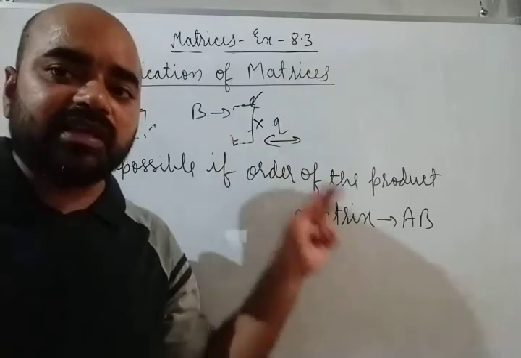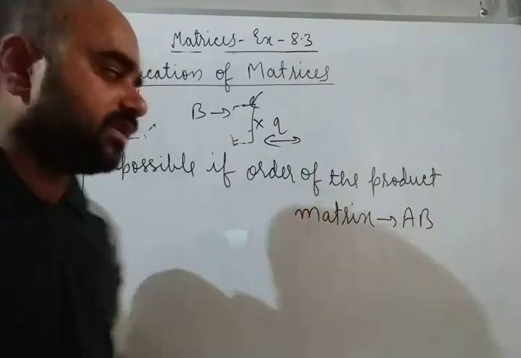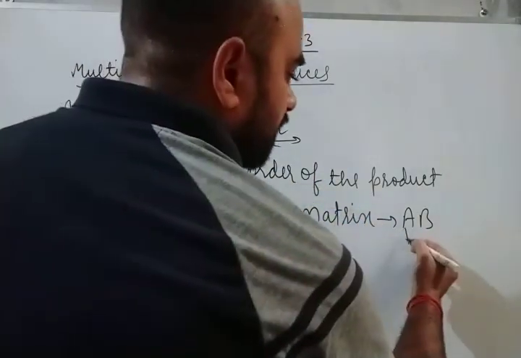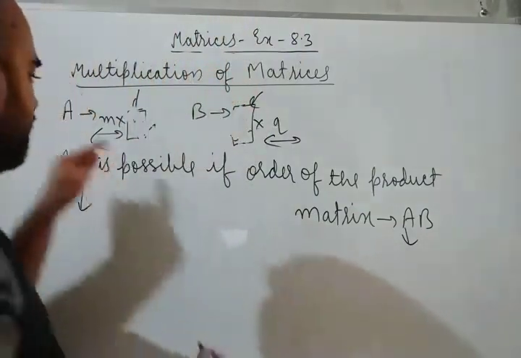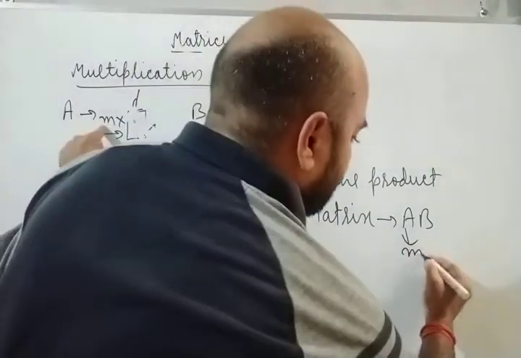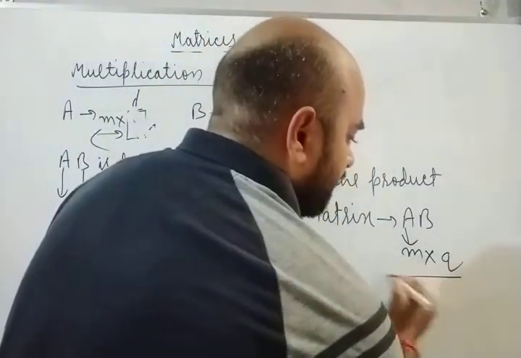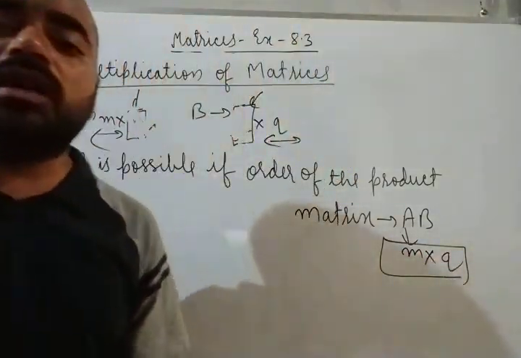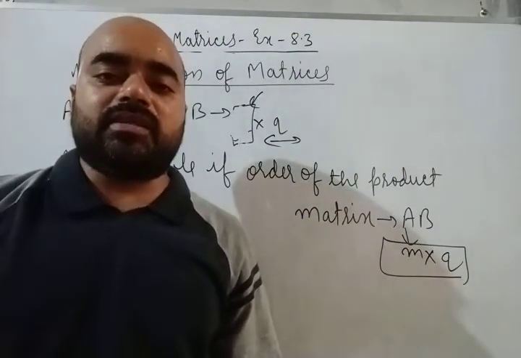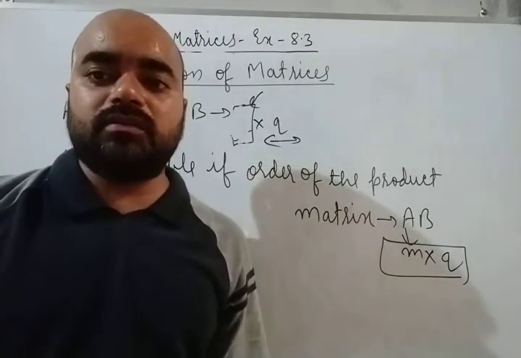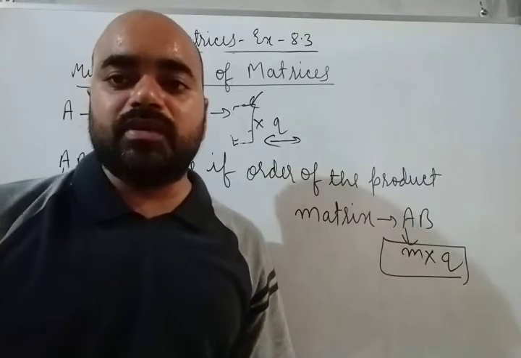Now this will give the order of the product matrix. What is the order of the product matrix AB? Here m is left, and here q is left. So m by q is the order of the product matrix. Correct? Now we will take some examples for understanding.